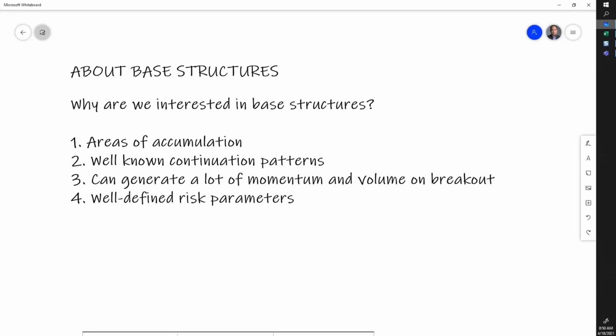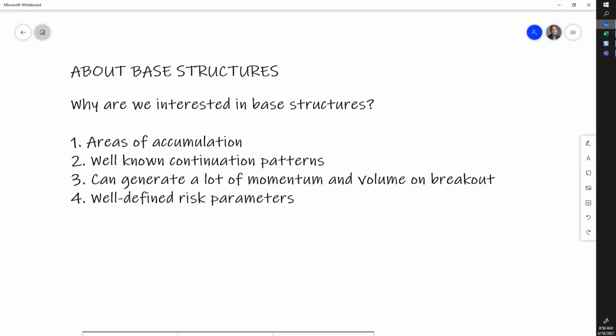Now, these continuation patterns, pag nag-break out na from these patterns, they can generate a lot of momentum in a very short amount of time. And usually they are accompanied with strong volume or nagkakaroon din ng volume breakout. So not just price breakout, they're typically accompanied by spikes in volume.